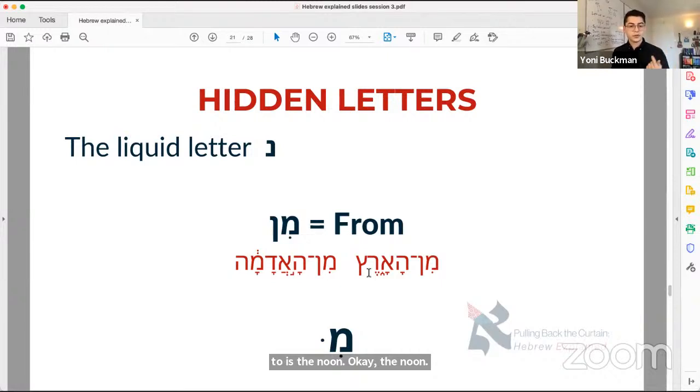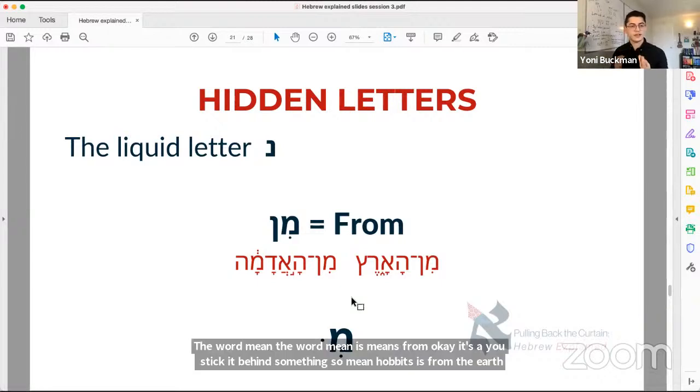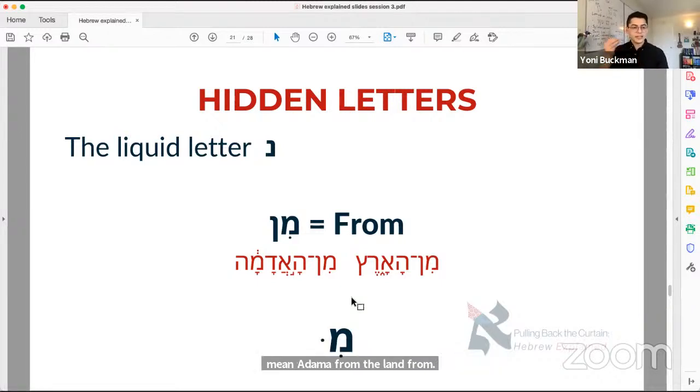Sometimes you see it turn into a prefix, and it loses the nun. The nun disappears, but it dissolves. I like the concept of a liquid letter, because think of it like salt water. It evaporates, but a little bit of residue is left. That is marked by the dagesh chazak.